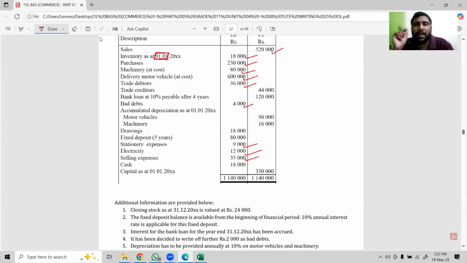So do remember, trial balance items we write only in one place.